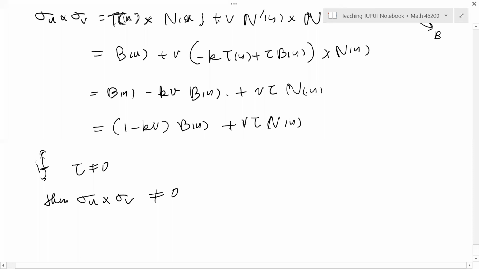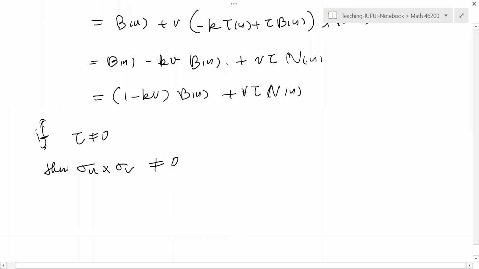Why? Even at v equal to 0, the first term is not going to be 0, because it's 1 minus k v. So this is never 0. So when tau is not 0, this is not 0.